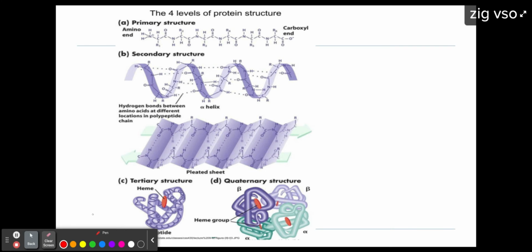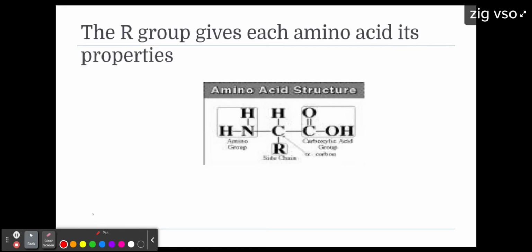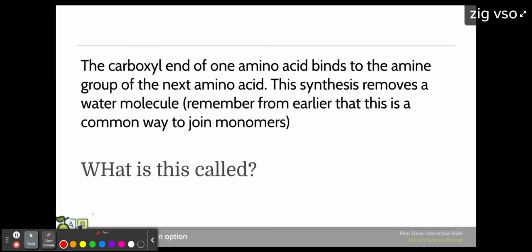Your tertiary structure is a three-dimensional structure of one single protein, and your quaternary structure are multiple proteins that are associated with each other. And don't forget that R group gives each amino acid its unique properties. There's some pictures in your book.